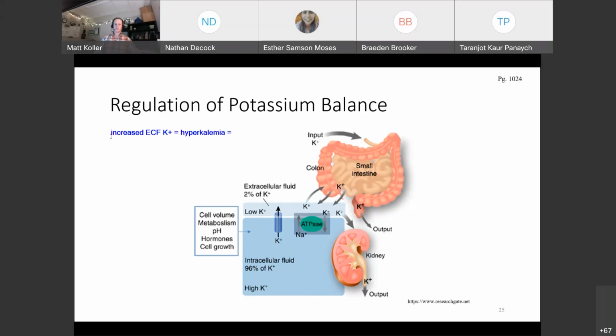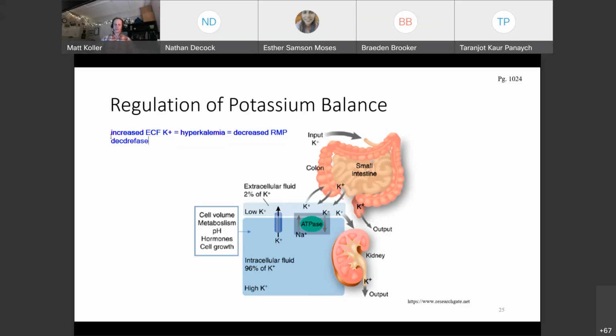which will decrease resting membrane potential, okay? Causes depolarization, we have reduced excitability. It's not as easy to get the signal or the action potential to start.